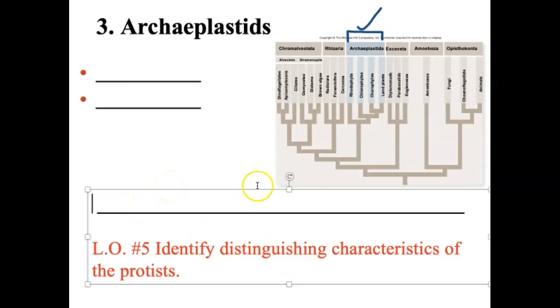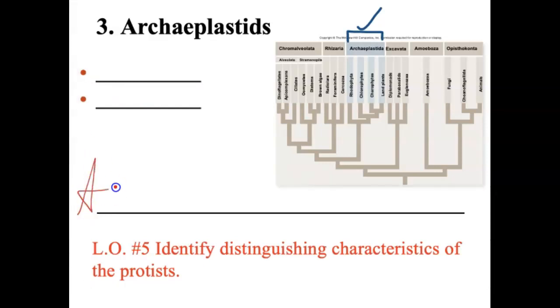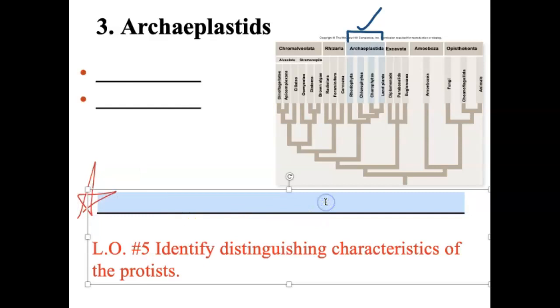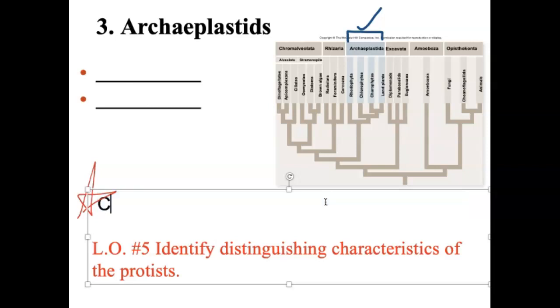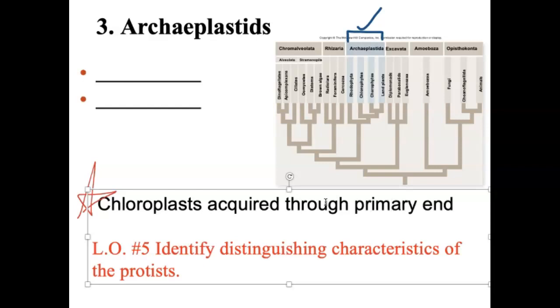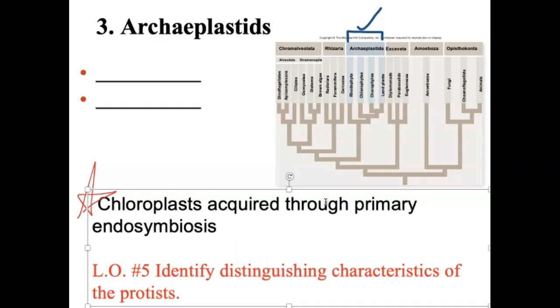So, all right, key feature. Let me get rid of the hashtag and let's go to the red star again. What is the big key feature for a member of Archaeplastida? Well, that is going to be that these individuals acquired their chloroplasts through primary endosymbiosis.